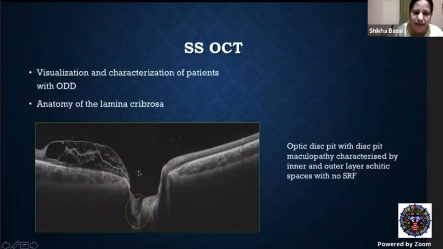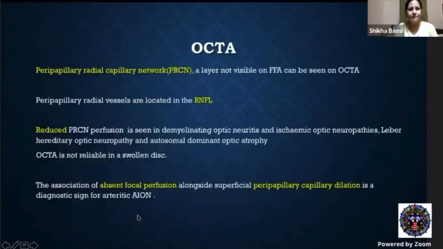So here what we are seeing is the optic disc pit with a disc pit maculopathy with a lot of schitic spaces. There's no SRF. Sometimes you get SRF that is continuous with the disc pit. This is my last slide.